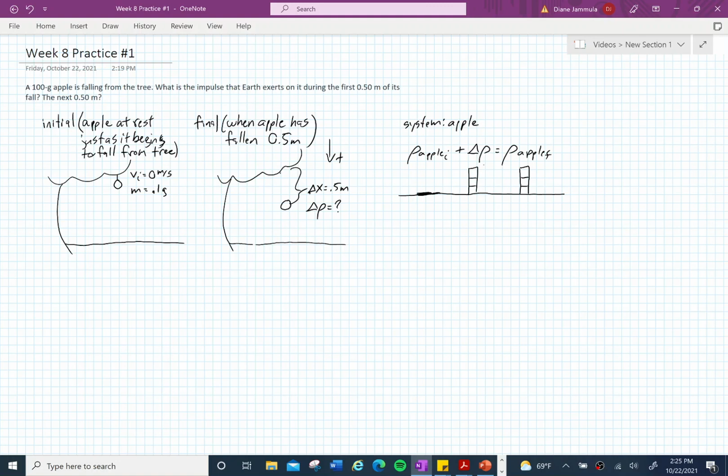And you know what? All that I just explained verbally, let me write it down as part of my explanation. Okay, the apple has no momentum initially, because it's not moving.